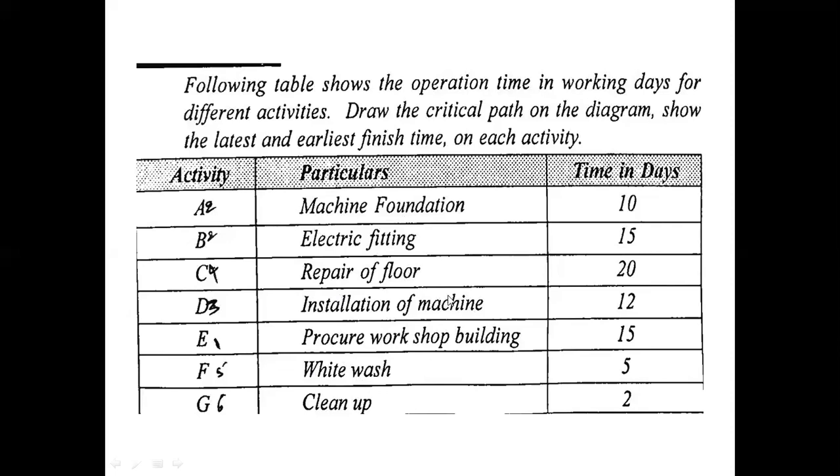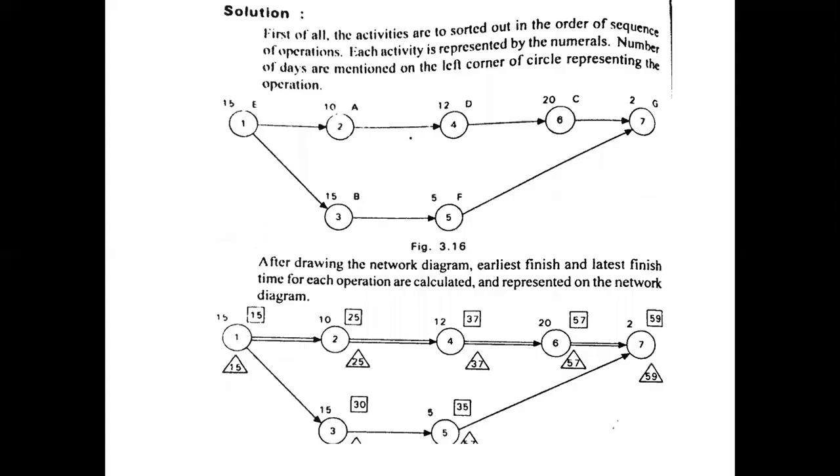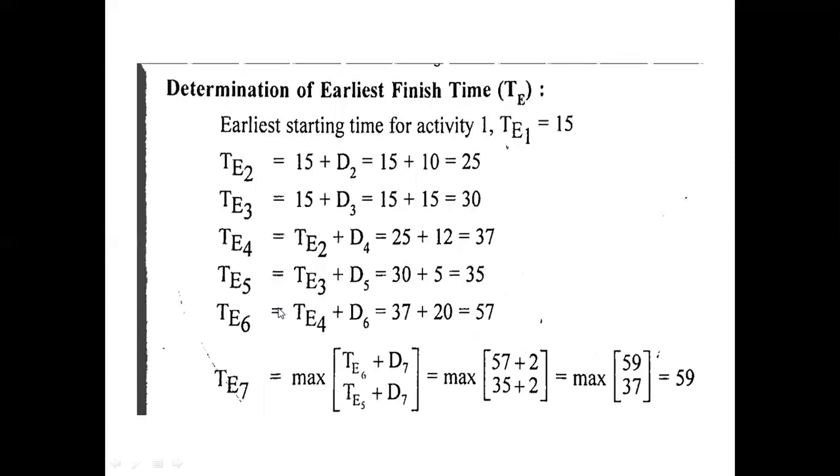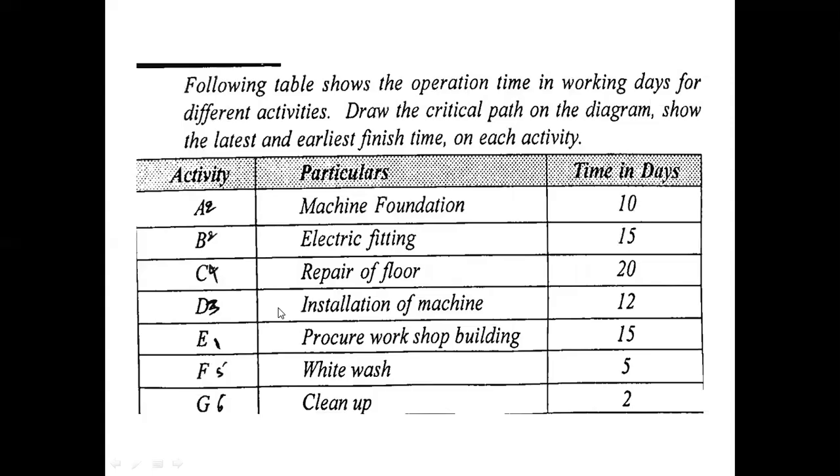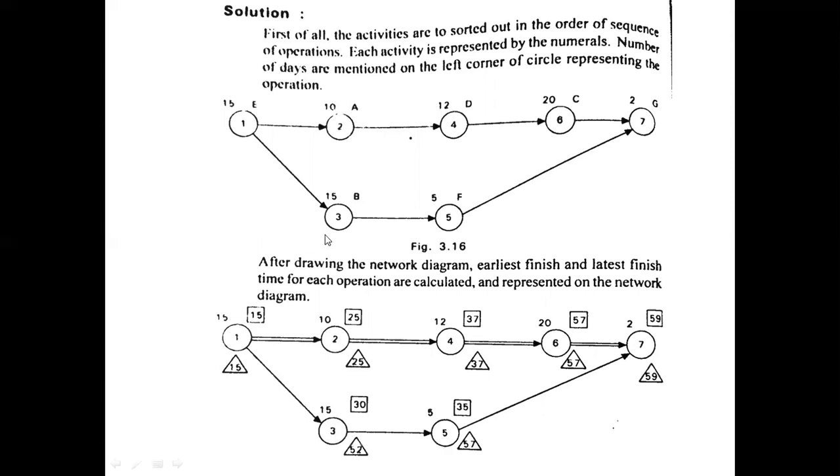So this is the first step: we have to identify the sequence of all these activities, and we also have to note down the duration. See here, E. So once you go through this, after E, what are they? A and B. A and B. See, A and B. Okay.